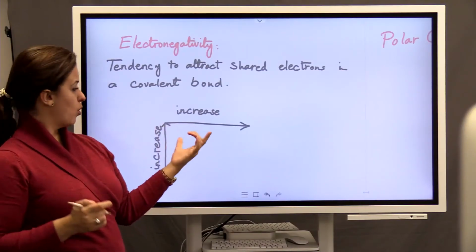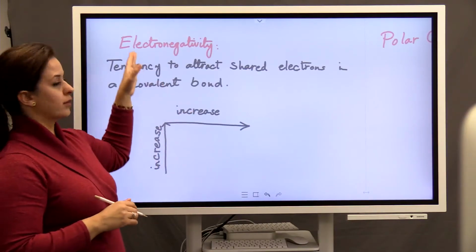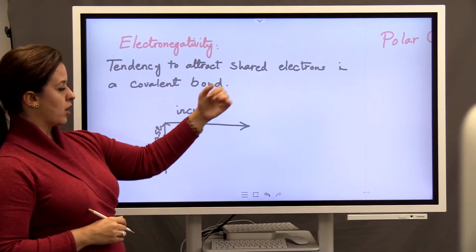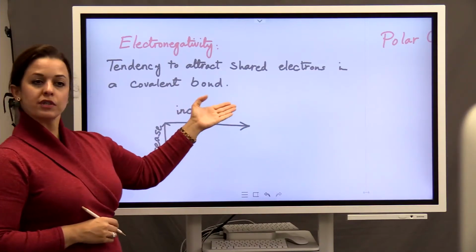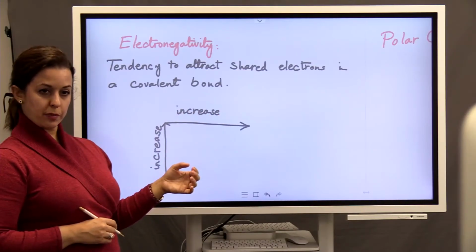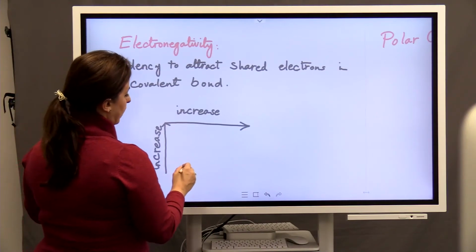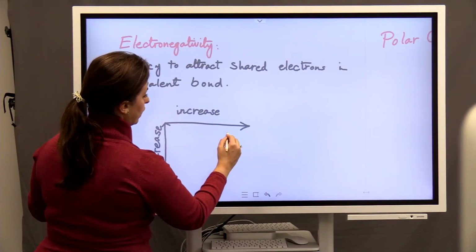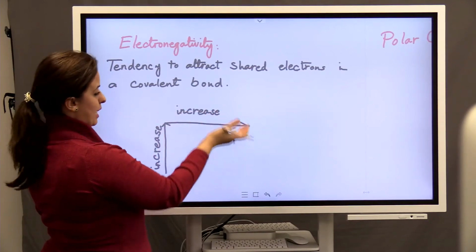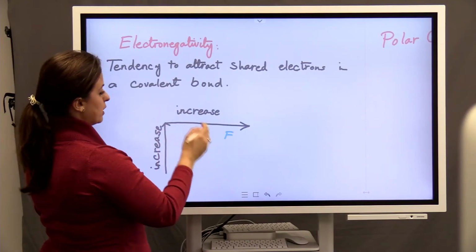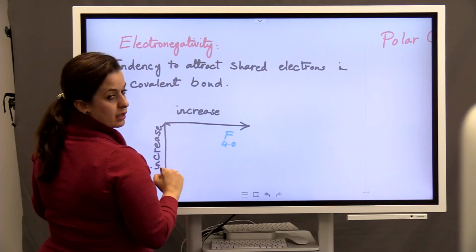The only thing we need to know is the trend of electronegativity, so we can talk about the rest of the concepts that I'm going to introduce. We said, if you remember, electronegativity increases from left to right across a period and from bottom to top in a group. So the electronegativity of fluorine, if you can imagine, fluorine is on the far right and top, is the highest, which is 4.